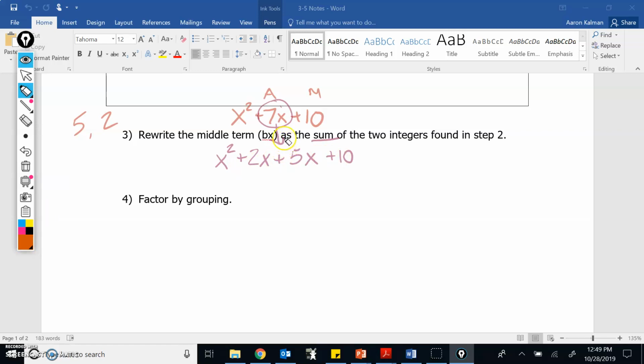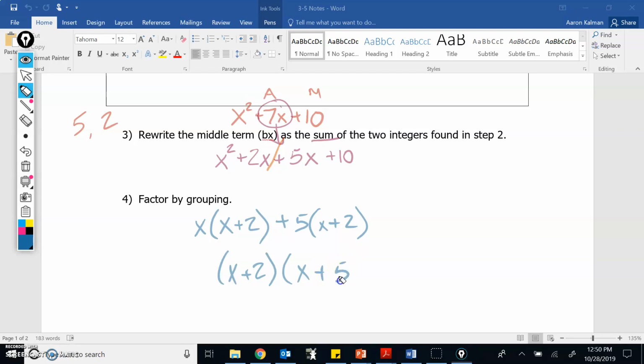We can draw our line down the middle and find our GCF of each, and that's the last step here, factor by grouping. So I'm going to take out an x here, and I'm left with x plus 2, and I'm going to take out a 5 on the right binomial to also end up with x plus 2. And then I write my final answer as x plus 2, x plus 5.